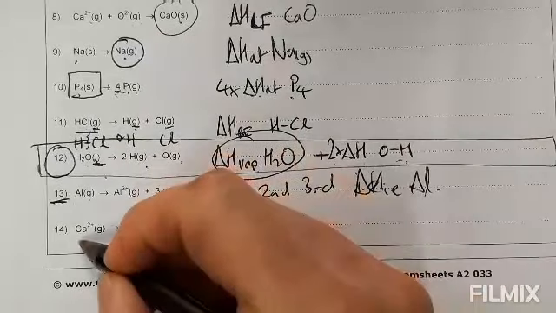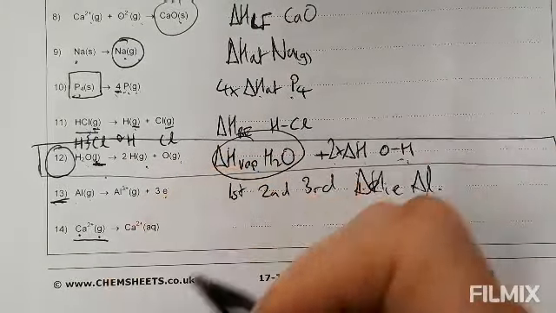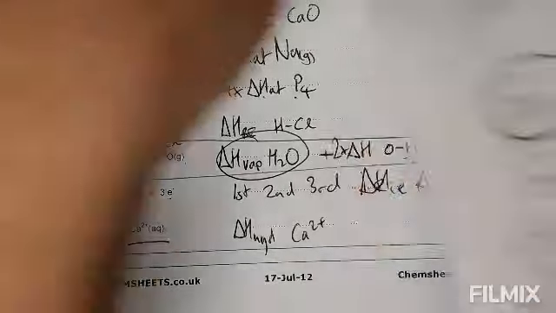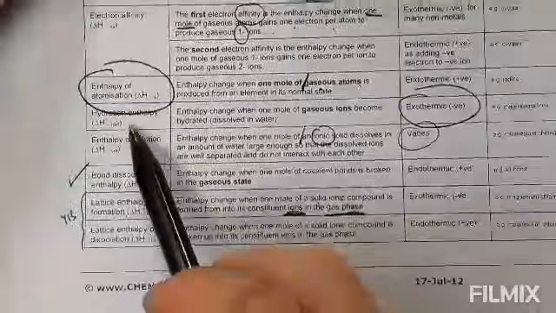Next one, you've got gaseous calcium 2 plus forming aqueous calcium 2 plus. I think that's quite straightforward. Normally we write plus aq there, but that's delta H hydration for calcium 2 plus. On the sheet it has plus aq, but you don't need to put that in.